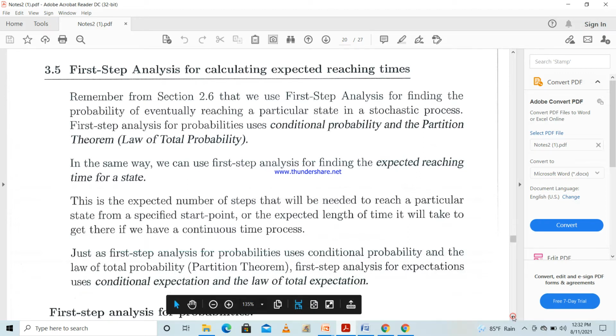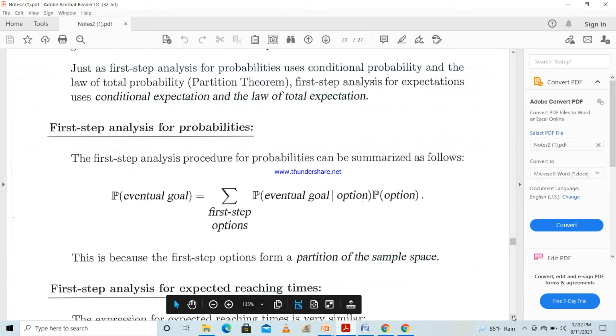Now if you can remember, when we were calculating the probability using the first step analysis, we had a particular goal.